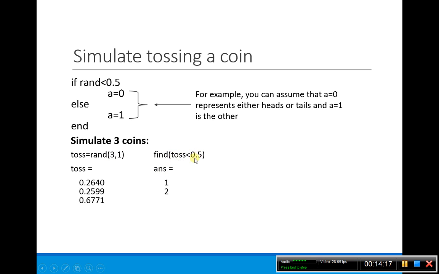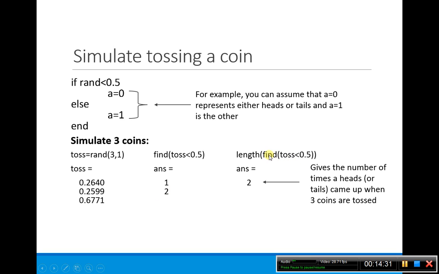So it tells me what are the locations in which I had a number less than 0.5. I had a number less than 0.5 in my first entry and my second entry, but not my third entry. And if I wanted the number of times I got the heads, then I can just do the length of this. So I've got heads 2 times when 3 coins were tossed.